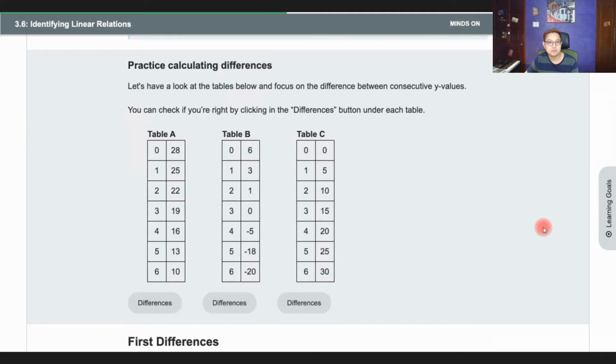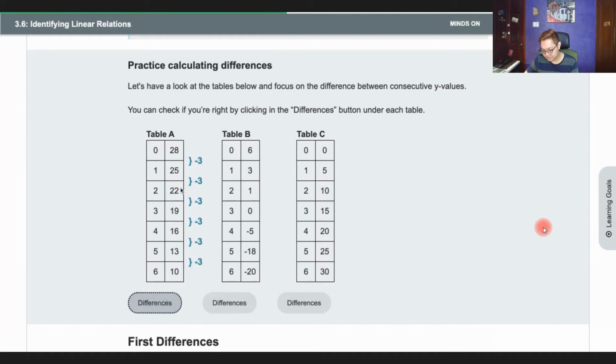Table A, 0, 28. They ask you to focus on the difference between consecutive y values, not x. So it's minusing 3 each time.